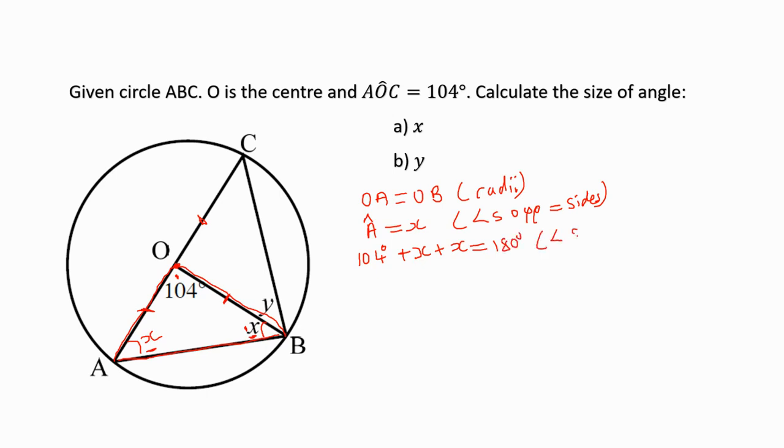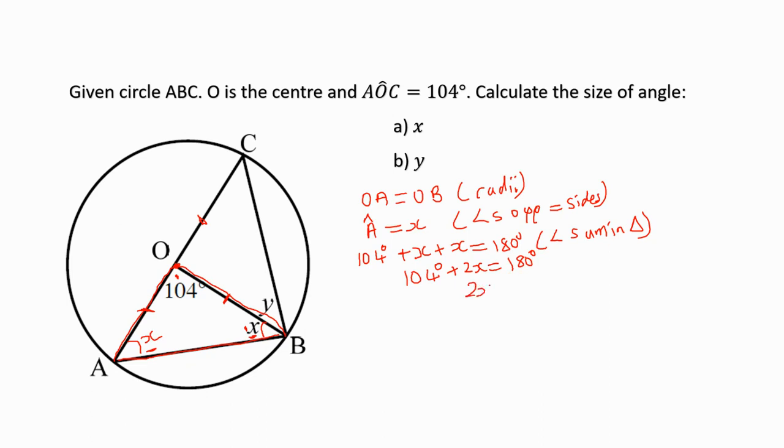This is angle sum in a triangle. Now we can say this is 104 degrees plus 2x is equal to 180 degrees. You see that? Then we can transpose, bring 104 to the right hand side.